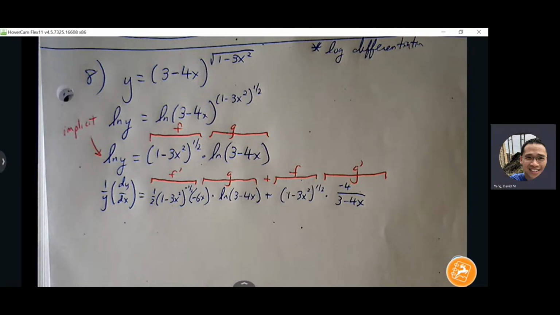Okay, we'll do some cleanup on the right side, but there's not a whole lot we can do. At least we can get it down to 2 fractions, but I'm not going to ask you for a common denominator. But what can we do on the left side?